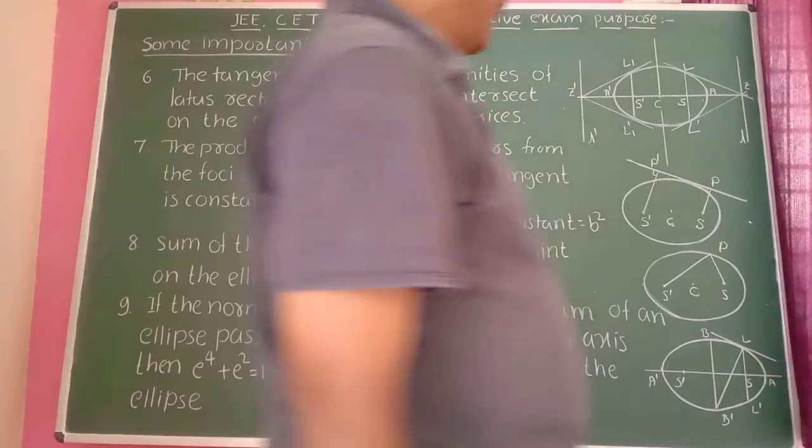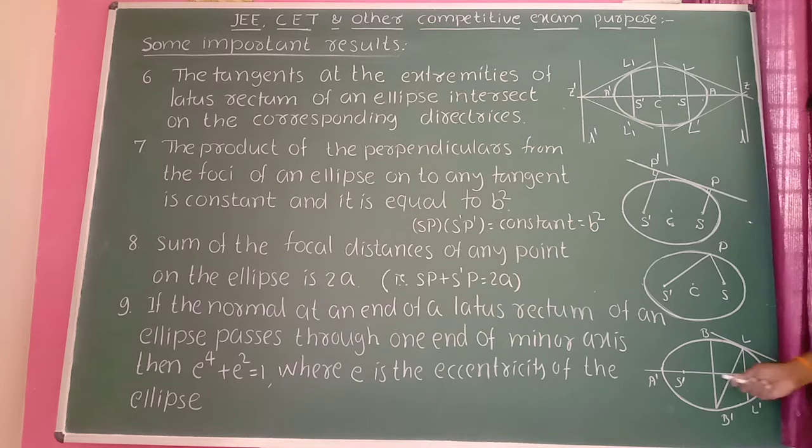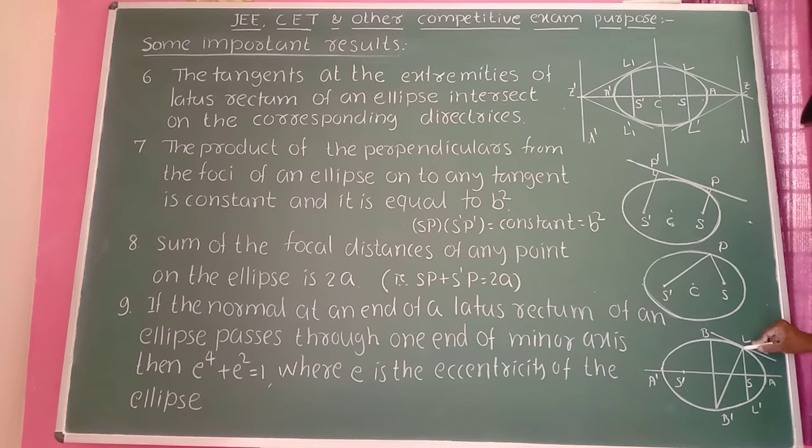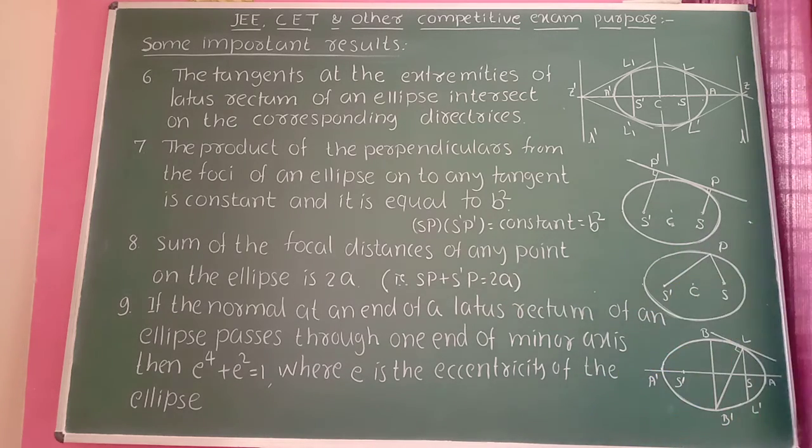Just observe in this diagram: S dash is the focus, LL dash is the latus rectum, at the point L, one end of the latus rectum, this is the tangent, and LB dash is the normal, always perpendicular to the tangent. This normal passes through one end of the minor axis. In that case, the condition is e raised to 4 plus e square is equal to 1.